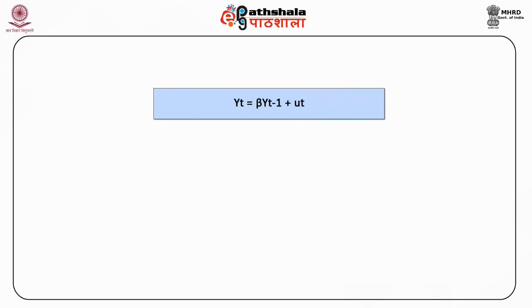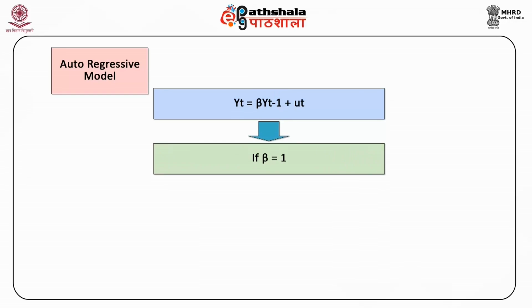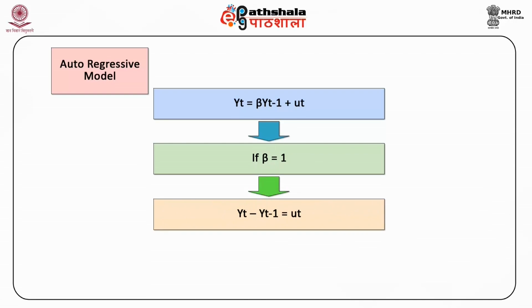Suppose we take a random walk model Yt = βYt-1 + ut. This model is the first order autoregressive model, that is, with a lag of one time period. If in this model the coefficient β becomes equal to 1, the equation can be written as Yt - Yt-1 = ut.